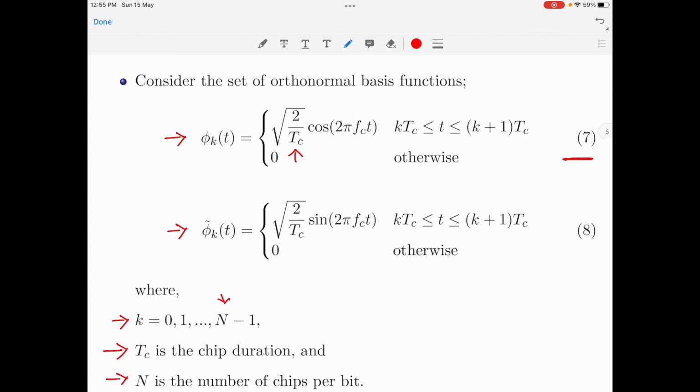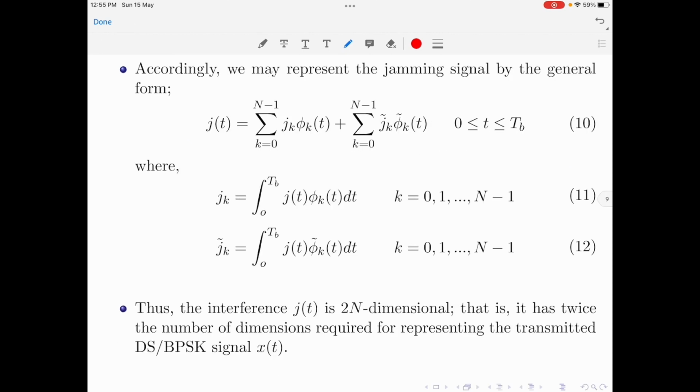I am going to start the signal space dimensionality analysis of the jamming signal by representing the jamming signal j of t using the two orthonormal basis functions given in equation 7 and equation 8 here. This is given in equation 10.